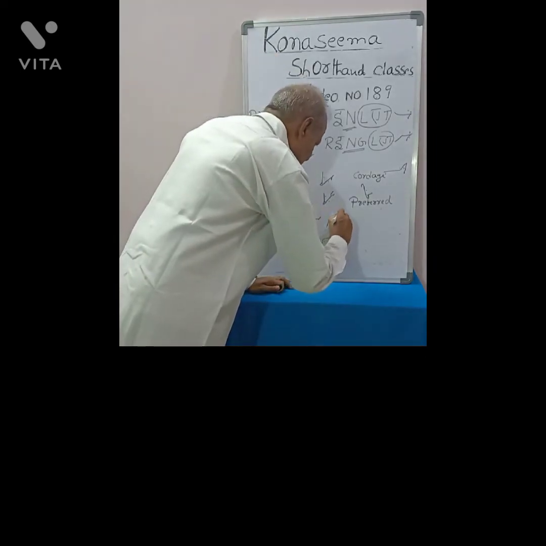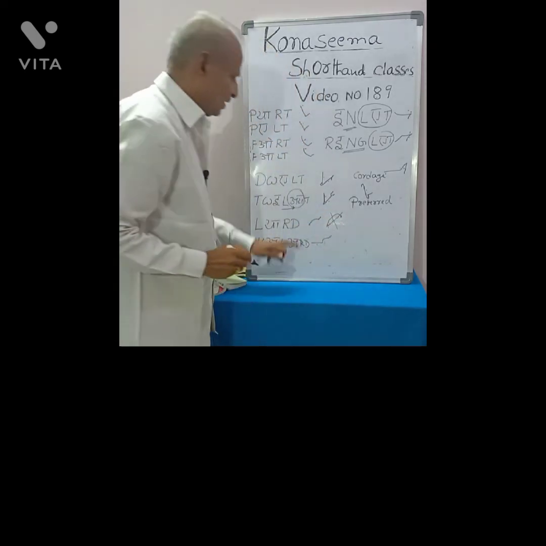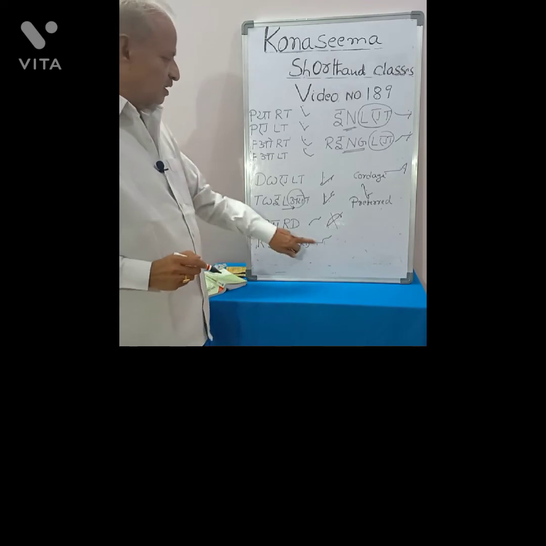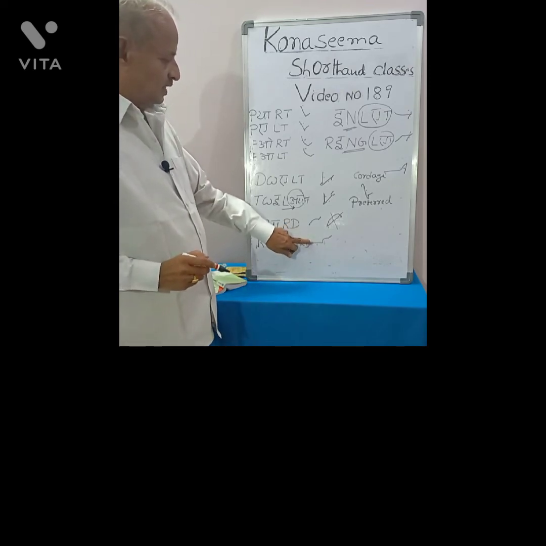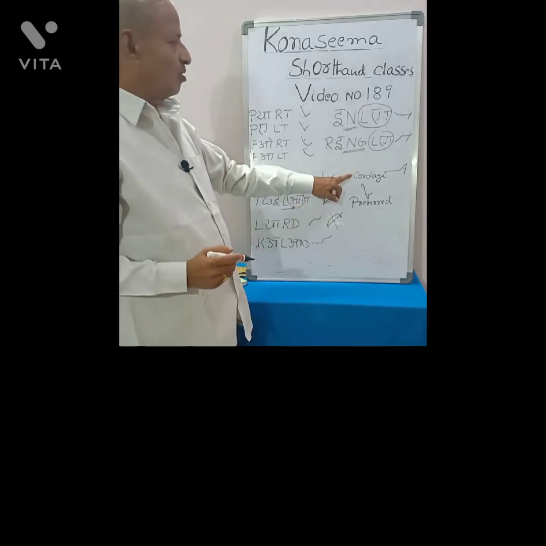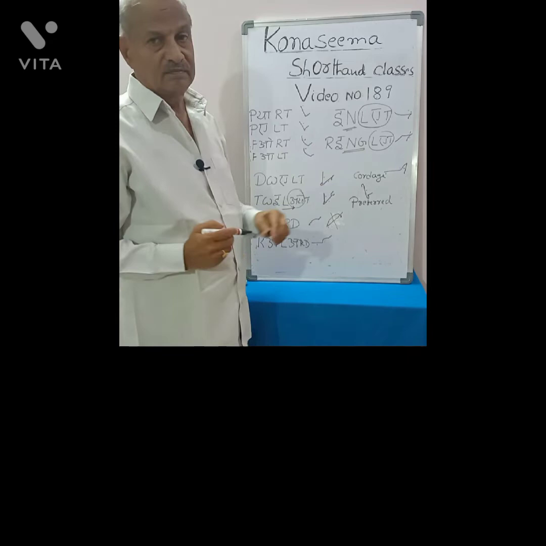If we write it, it is somewhat cumbersome. That's why Lord we can write like this. Like colored, KL like that, cottage, like that, preferred.